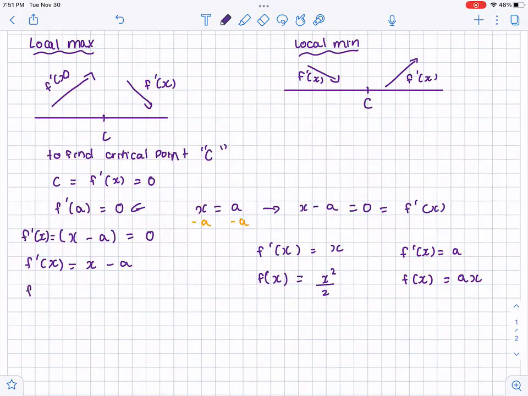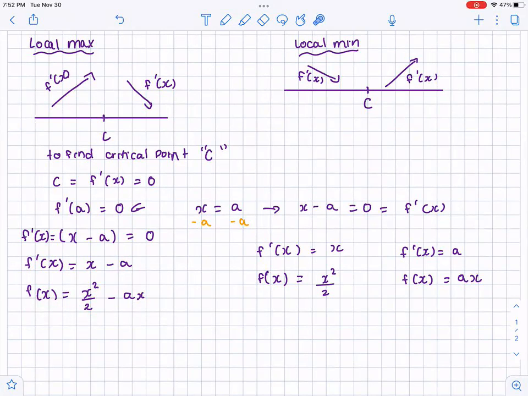So since the derivative is x minus a, that means the function f of x is going to be x squared divided by 2 minus ax. We can double check by taking the derivative of this function, and we'll get that.